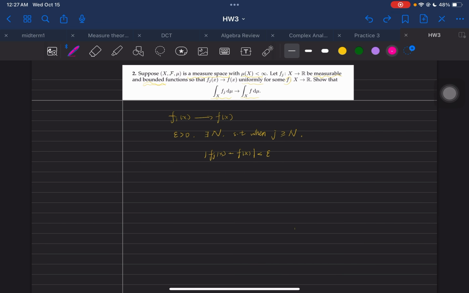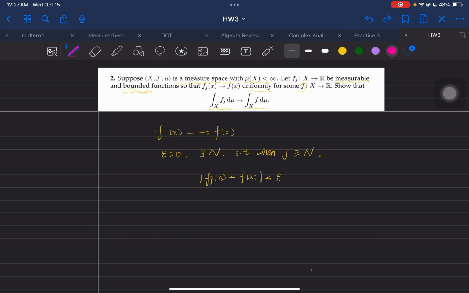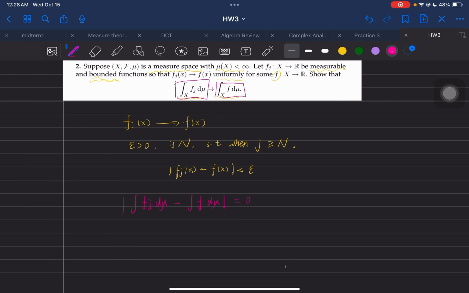So essentially we're gonna show that if this integral converges to this one, the integral of fj d mu minus the integral of f d mu, the distance between those two integrals, would be smaller than epsilon, or it goes to 0, let's say. So we're gonna find some bound for this quantity.